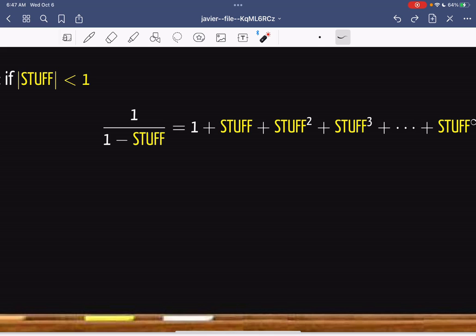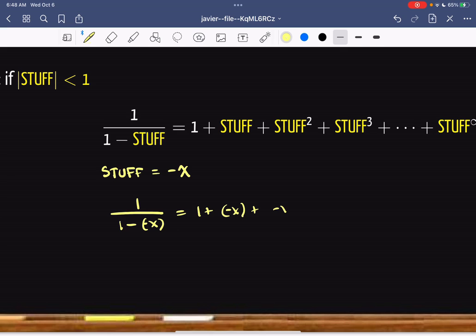What would happen if you put here, instead of stuff, let's say stuff is equal to negative x? Then I have 1 over 1 minus negative x. That would be equal to 1 plus negative x, quantity squared, plus negative x, the quantity to the third, plus negative x, quantity to the fourth, all the way to infinity.